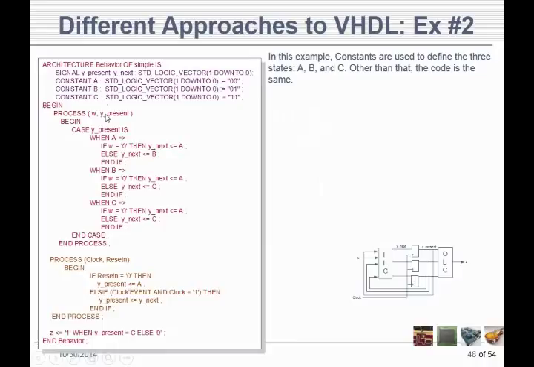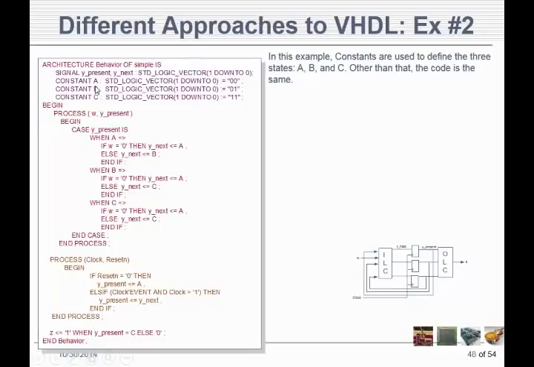Here's another approach. We got signals for present state, Y present state and Y next, declared as standard logic vector 1 down to 0, so there are 2 bits on these, and then there are constants A, B, and C, and this shows those values.